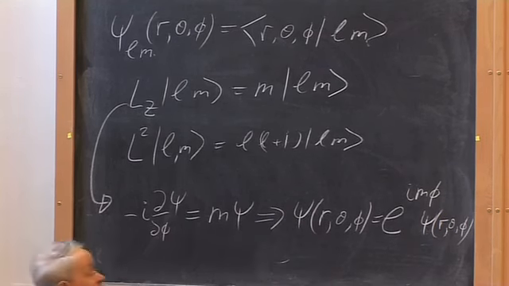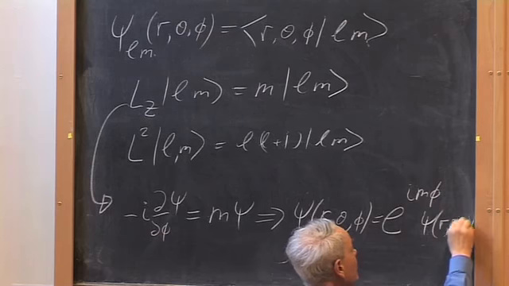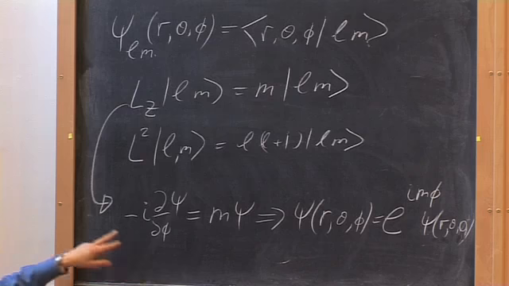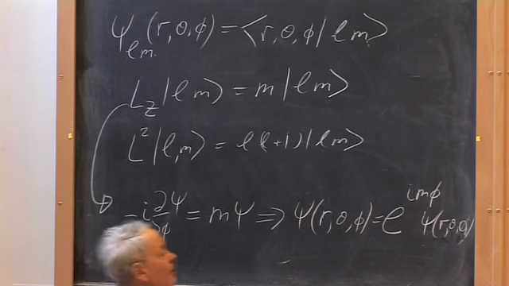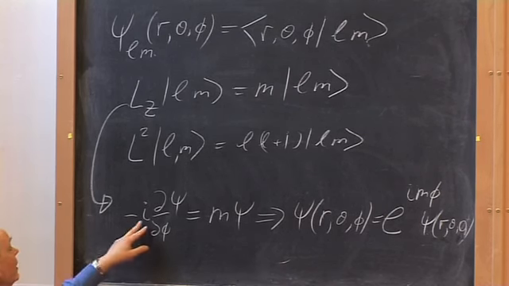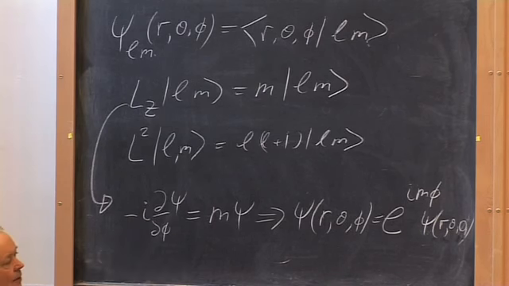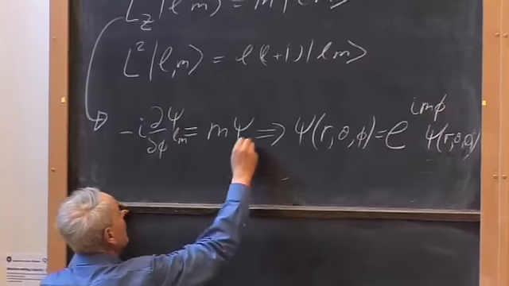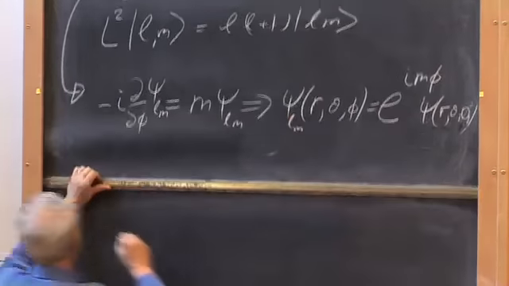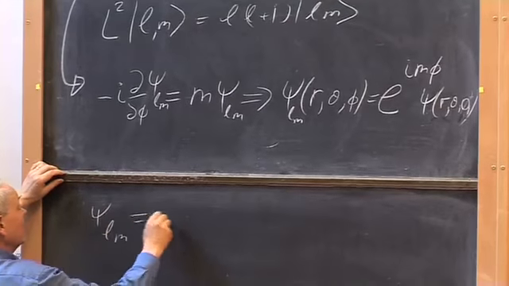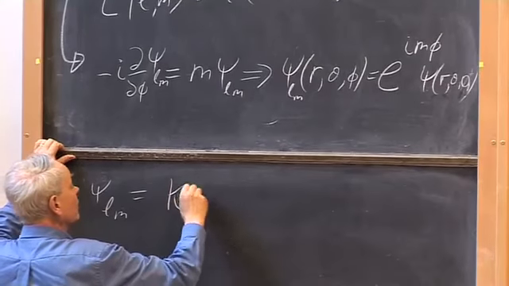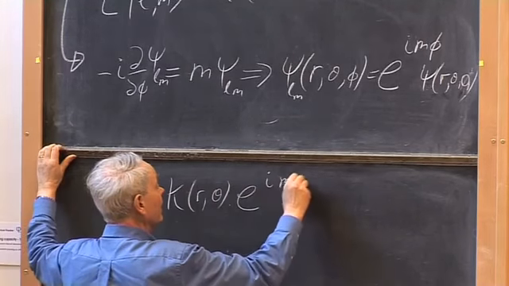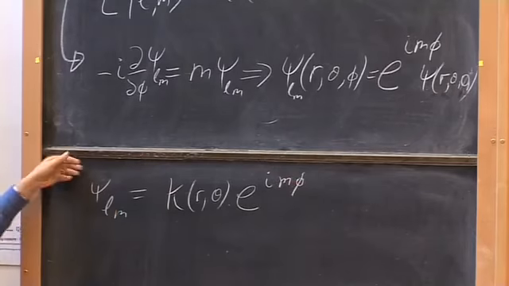So there's some kind of a constant here. This thing doesn't depend on phi. If you differentiate this with respect to phi, you bring down an i m. The i's make another minus sign that cancels this, and you end up with m times whatever it is. So what we know is that psi Lm is equal to some function of r and theta times e to the i m phi. I guess we kind of already knew that.